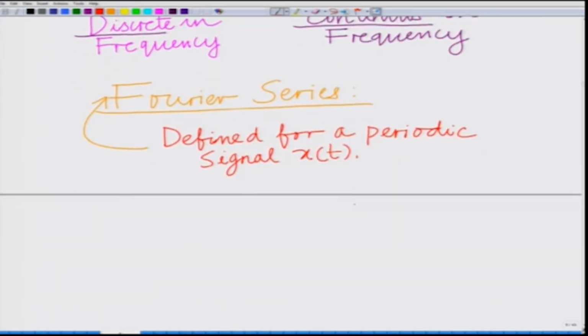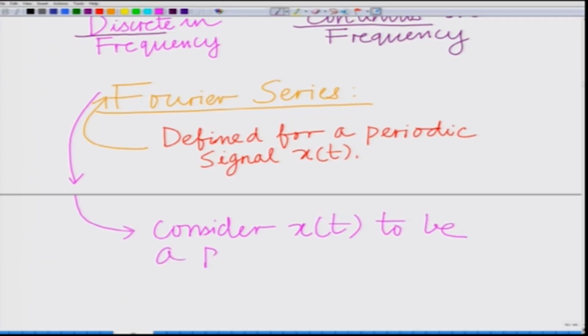So, let us consider x(t) to be a periodic signal with period capital T. We are all familiar with the notion of a periodic signal.